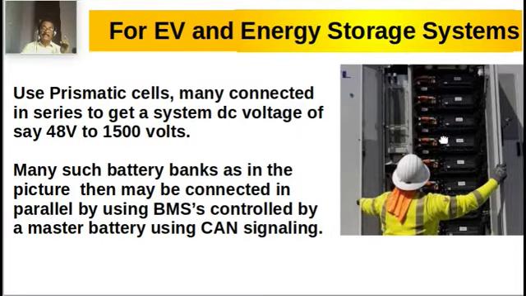Normally just two wires run through, and the microcircuits in each battery connect to the two wires, and the signaling happens on the two wires. The signaling used is called CAN signaling. By properly monitoring and controlling the BMSs of each battery, we will be able to make huge systems which can give megawatt hour capacity.